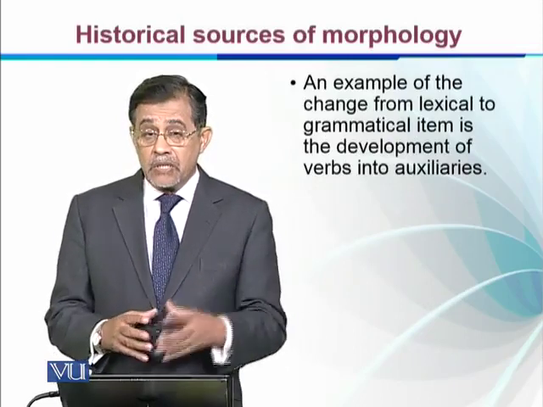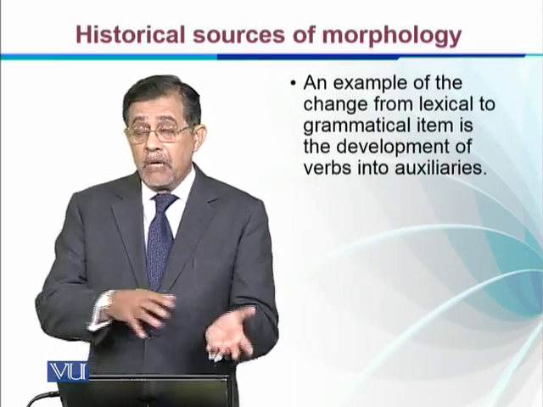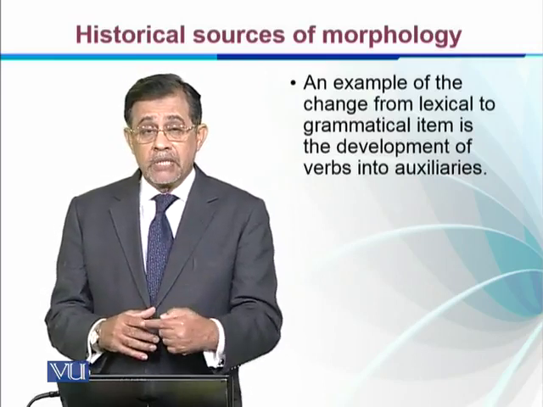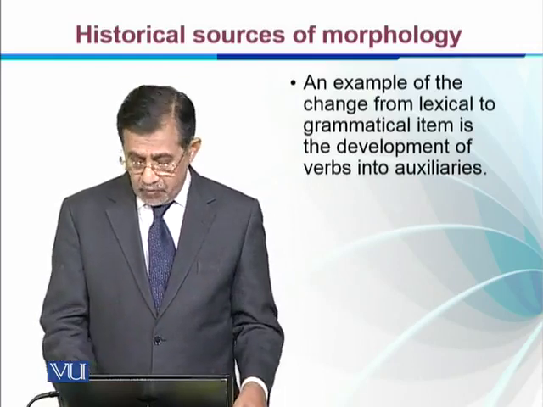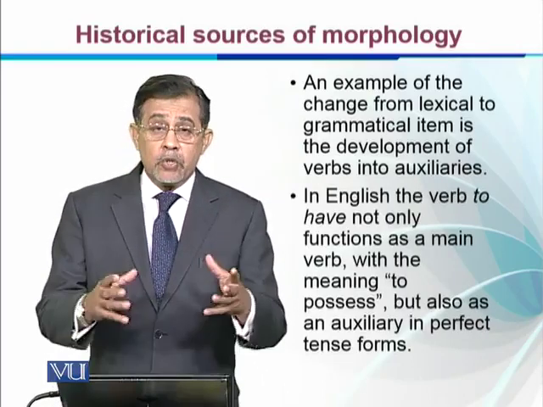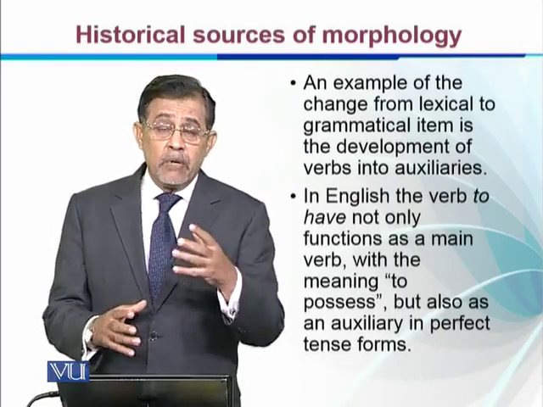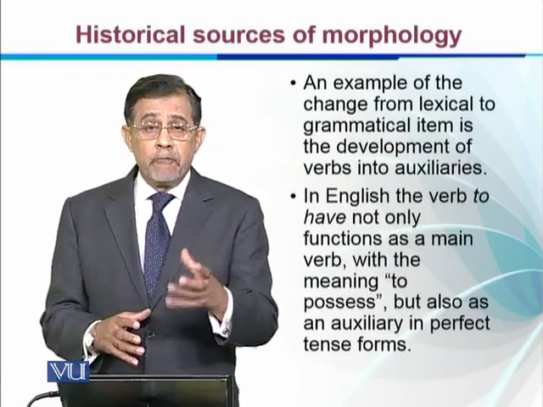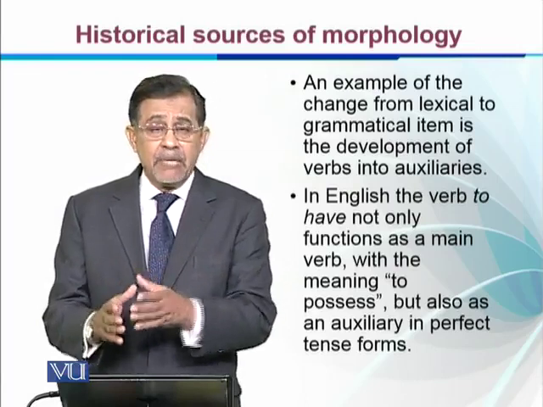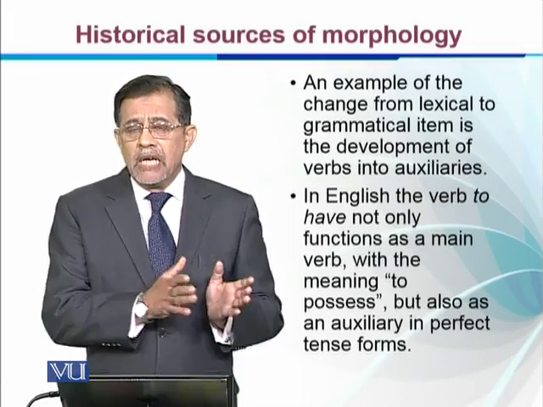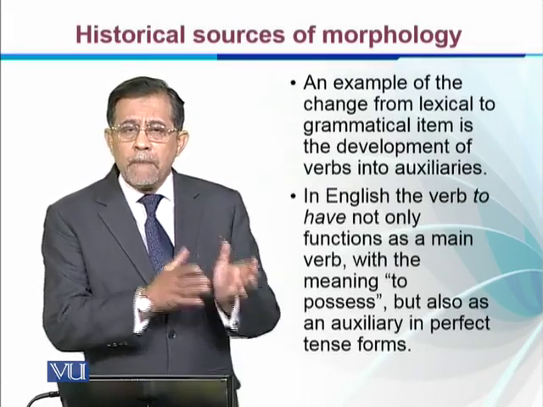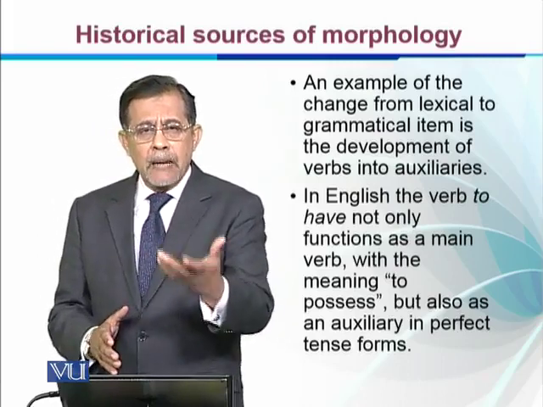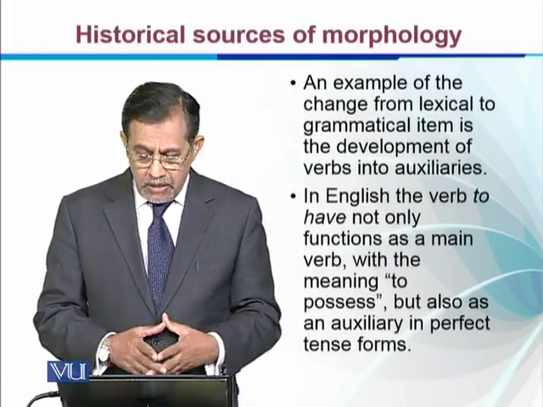So there are certain verbs that were lexical verbs which were made, through this grammaticalization process, into auxiliaries. For example, to have. We know that when the verb to have is used as a full verb, it is to possess something, but we also use this verb as an auxiliary verb, as a helping verb to make a perfect tense, right?